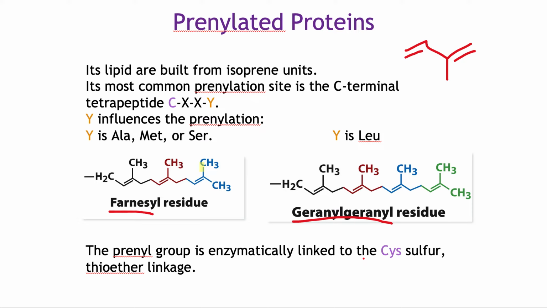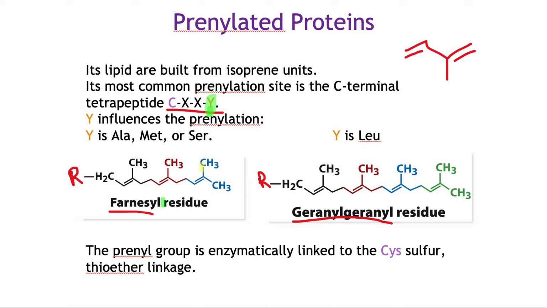The most common site for prenylation, where those groups are attached to a protein, is a tetrapeptide that has the sequence CXXY, where C is a cysteine residue and X is typically an aliphatic amino acid residue, such as alanine, leucine, isoleucine, and then Y. Y is what influences the type of prenylation.